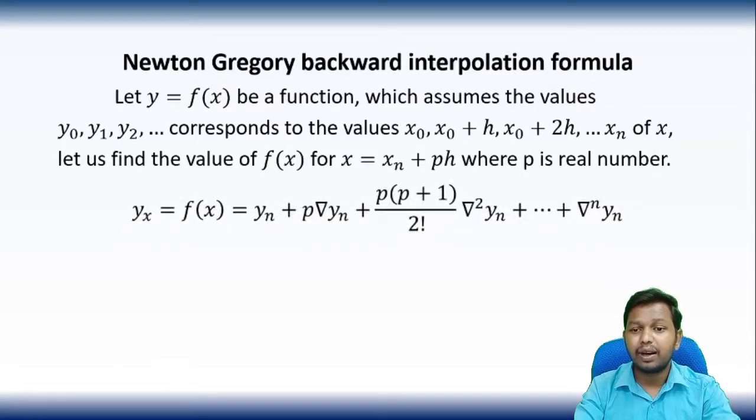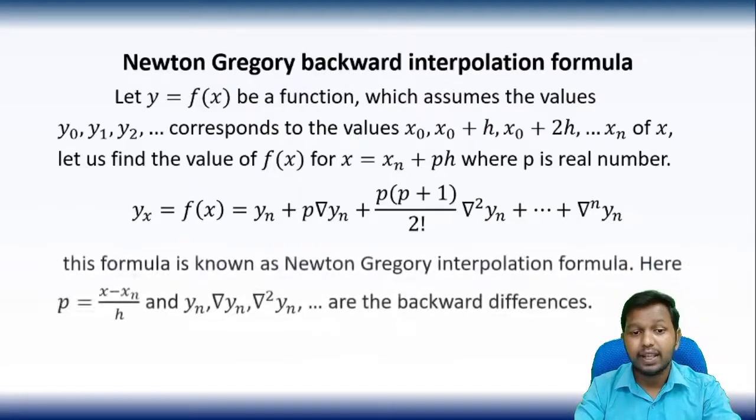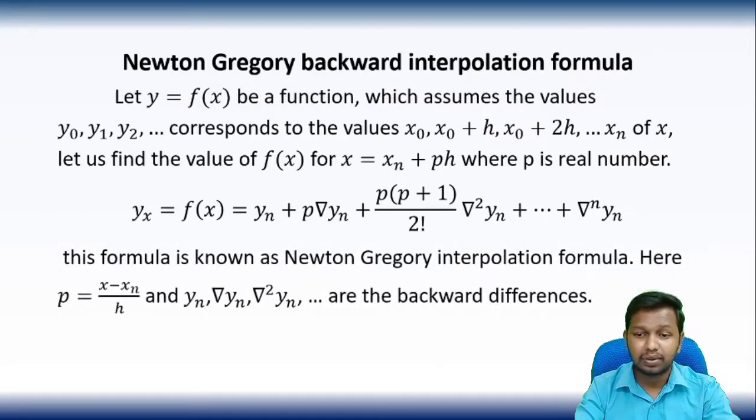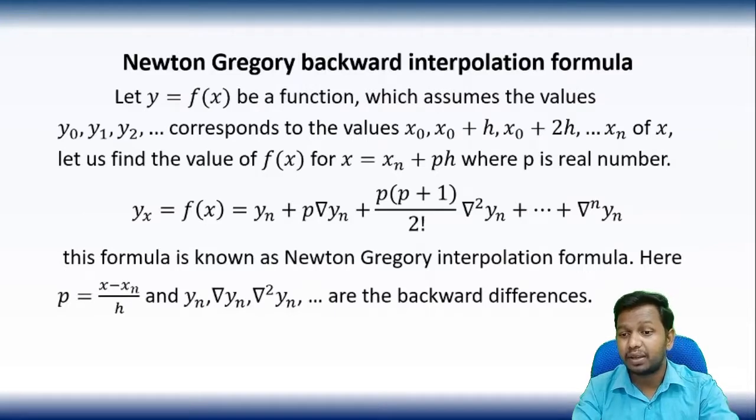Then our formula is y x equals f of x equals yn plus p into nabla yn plus p into p plus 1 divided by 2 factorial nabla square yn plus and so on, nabla to the power n yn. This formula is known as the Newton-Gregory backward interpolation formula.